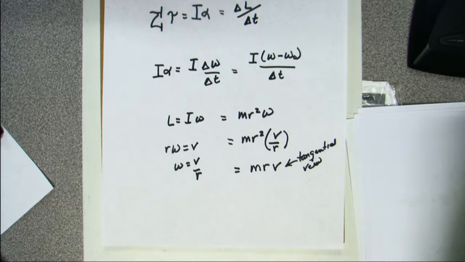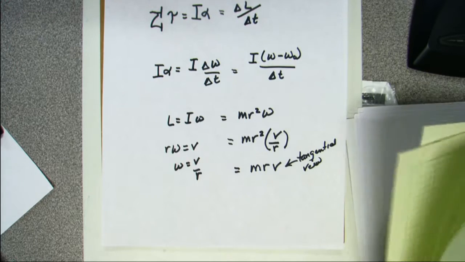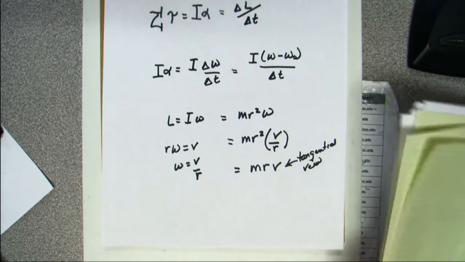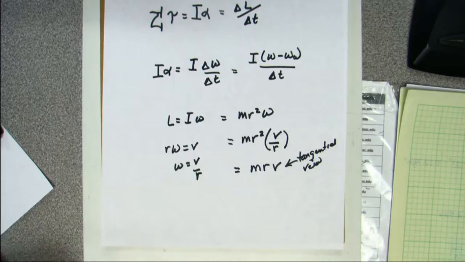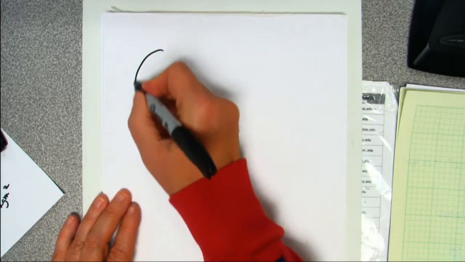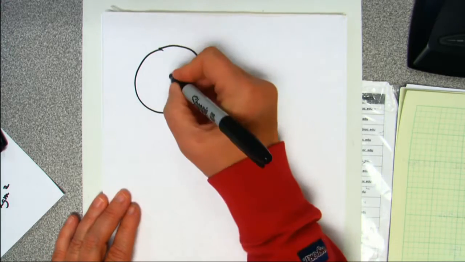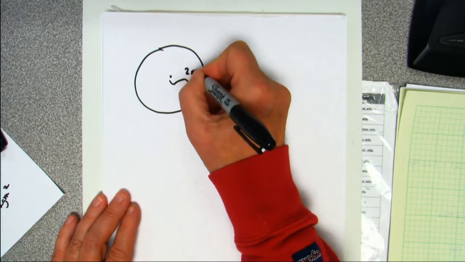Okay, so we did our bucket problem. So what we're going to do is we're going to do the merry-go-round. So here's my merry-go-round. The radius is going to be 2 meters.